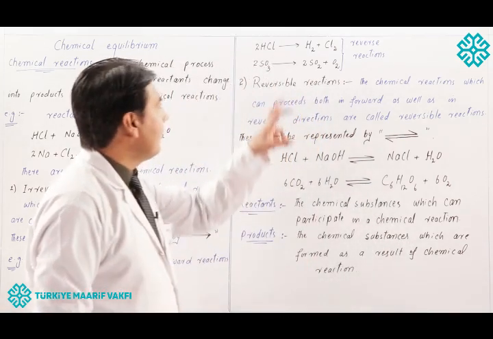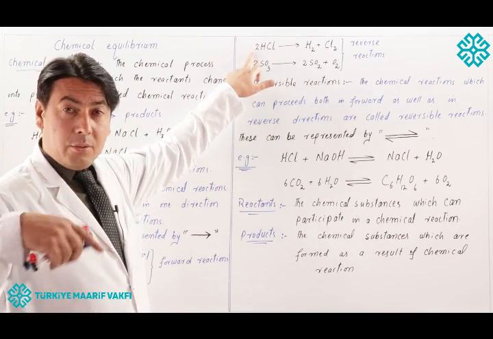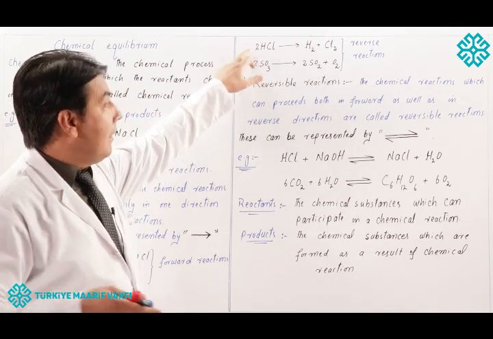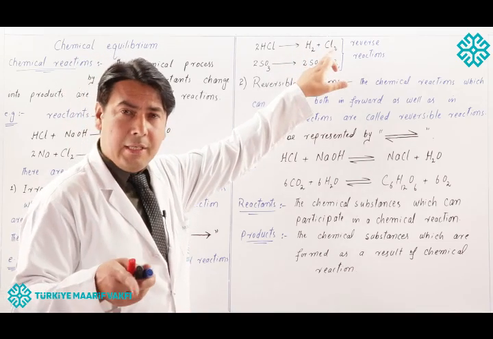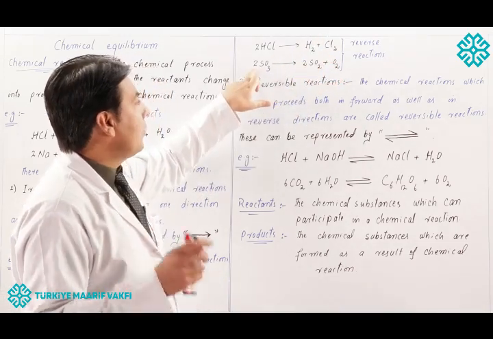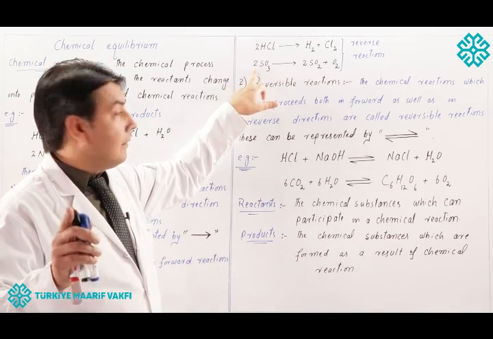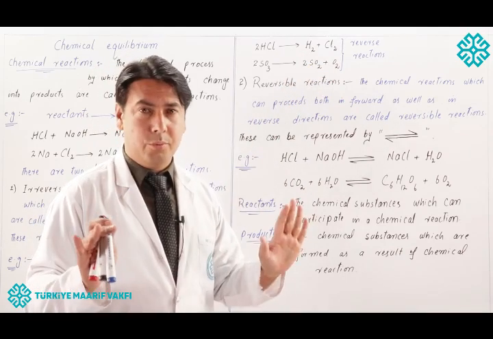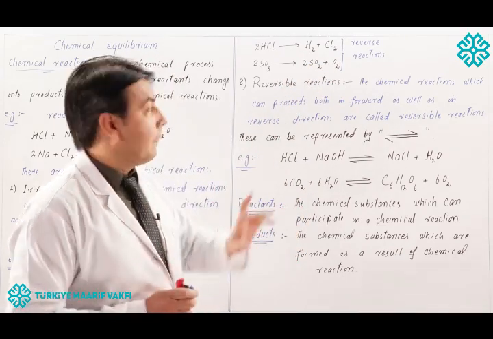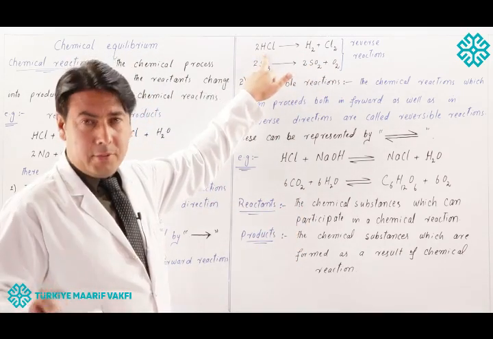Similarly, 2HCl, hydrochloric acid, can be converted into hydrogen gas and chlorine gas. Similarly, 2SO3 can be converted into 2SO2 plus O2. Look here, HCl is a reactant.